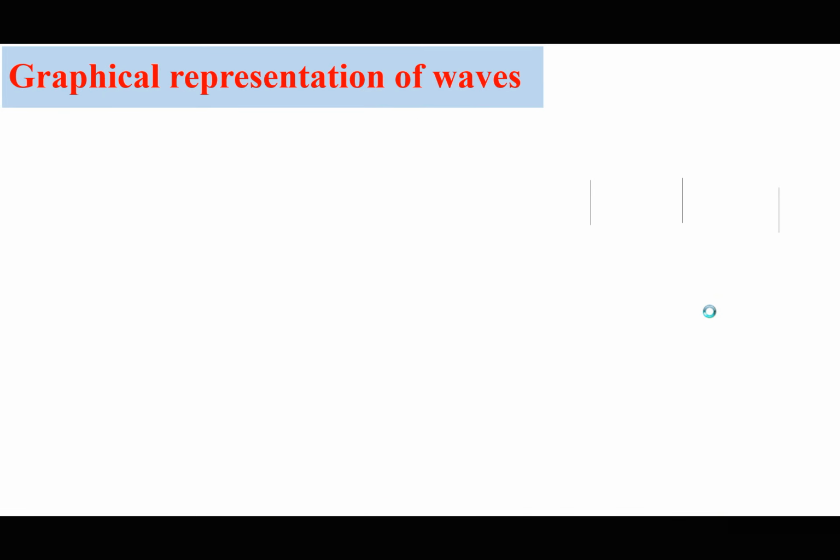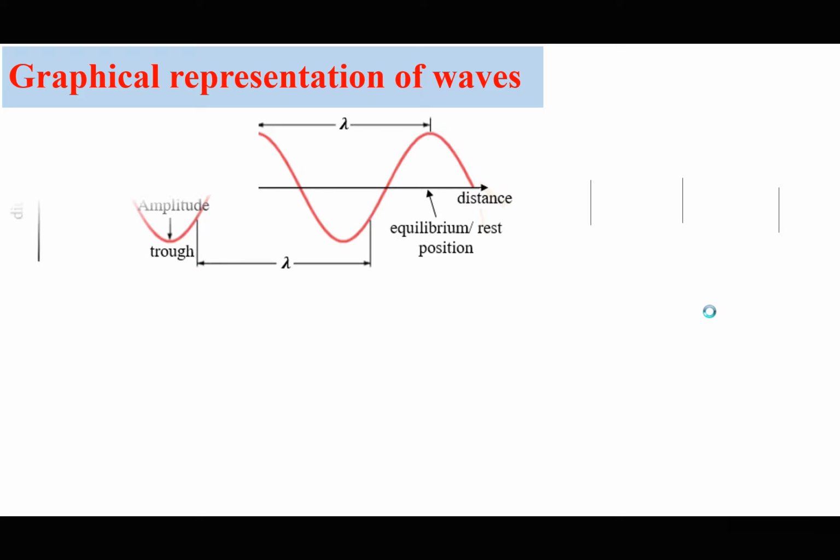Like I said, in lesson 2 we shall talk about graphical representations. So let's start with the graphical representation of a wave. I think the graphical representation of a wave you met in IGCSE is still valid even at this level. In IGCSE, you represented a wave as a displacement-distance graph, and some of the terms you met might have included the following.